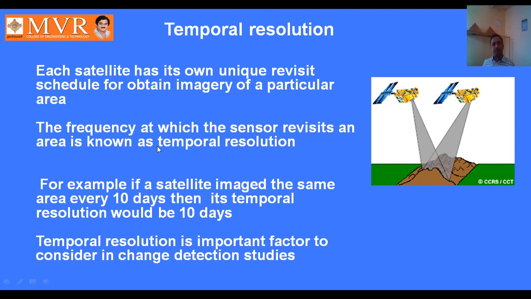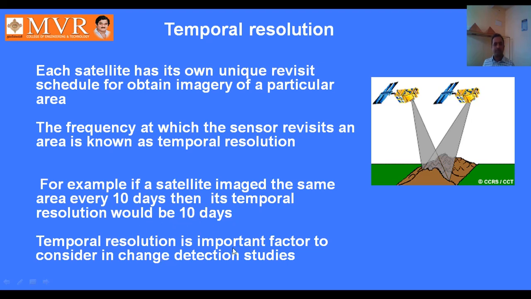The frequency at which the sensor revisits an area is known as temporal resolution. For example, if a satellite captures the same area every 10 days, then the temporal resolution of that satellite is 10 days.